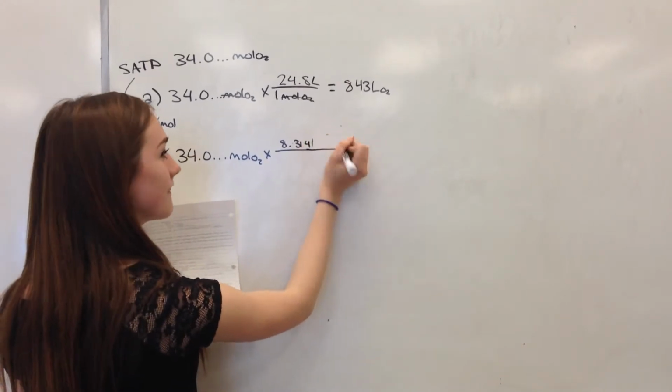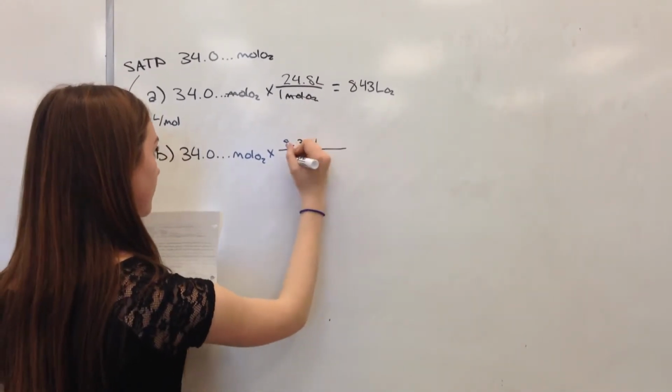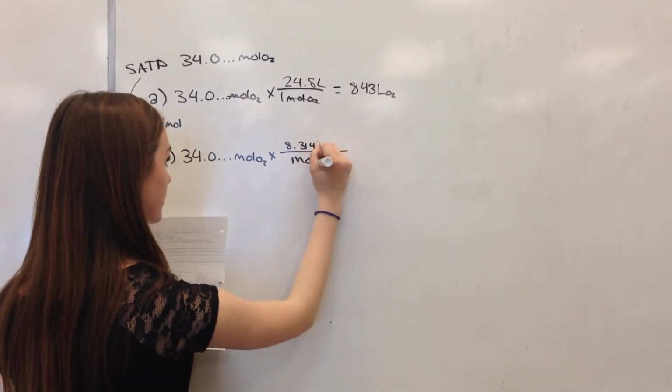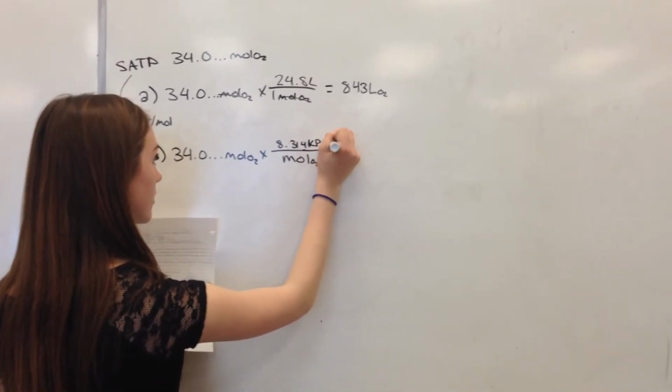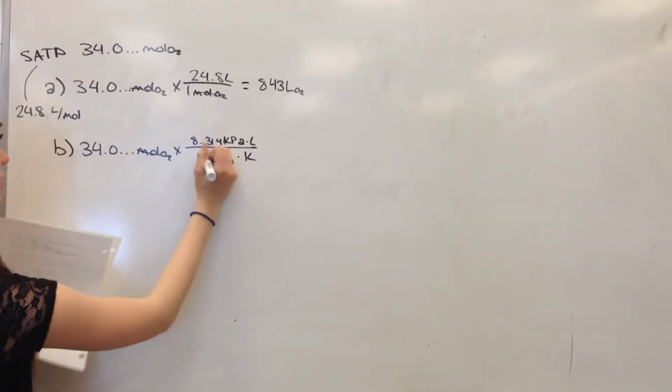Since we need to put moles on the bottom, because we have moles of oxygen there, and then this is kPa times liters. So then those cross each other out.